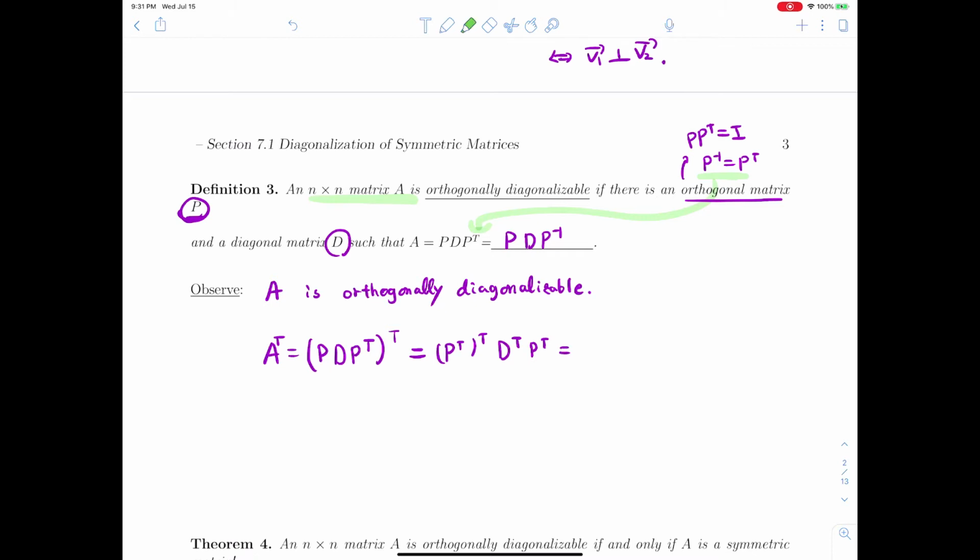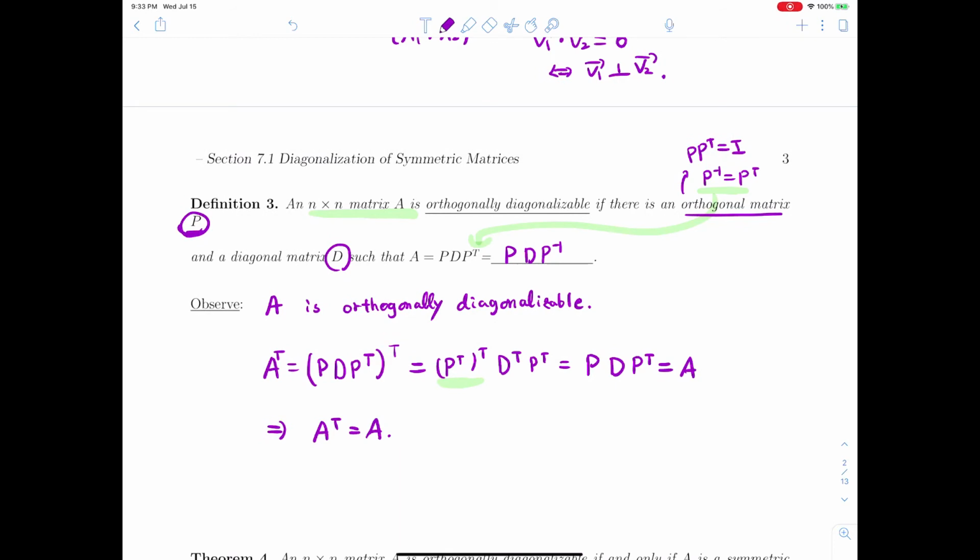But if you take the transpose two times, that restores the original matrix P, and D is a diagonal matrix, which is symmetric. So we have P D P transpose, but this actually equals A. So if A is orthogonally diagonalizable, then A transpose equals A.